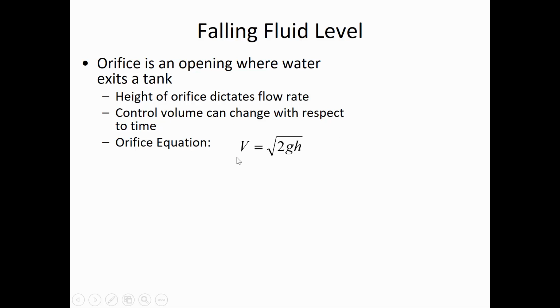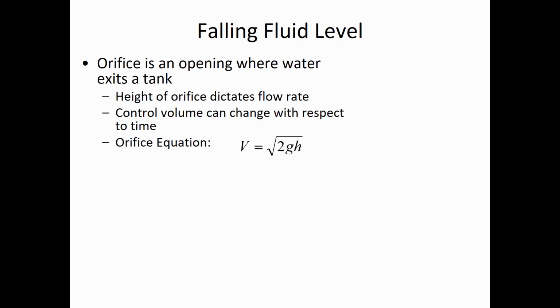And we saw the orifice equation, and that's derived from Bernoulli's. The assumption of this orifice equation is we're applying it between the surface and the jet, and since there's air surrounding that liquid jet on all sides, then the pressure at 2 is 0.